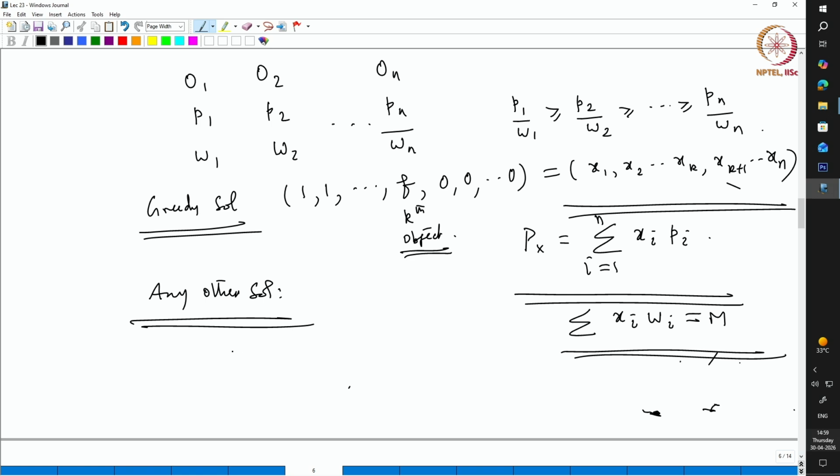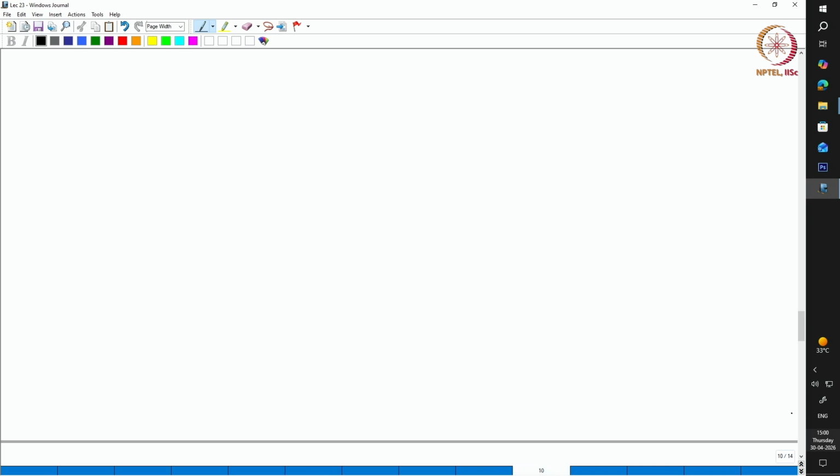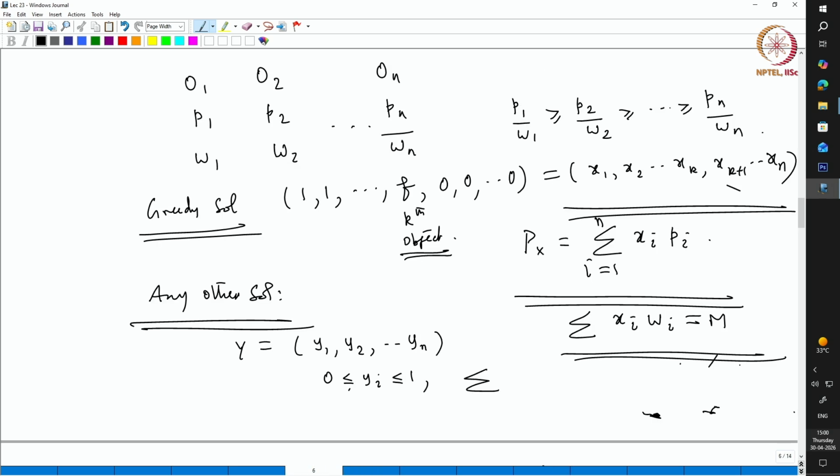Any other solution, you call it as a y vector, that is fraction y1, y2, etc., yn, 0 less than or equal to yi less than or equal to 1, sigma yi wi is less than or equal to m.